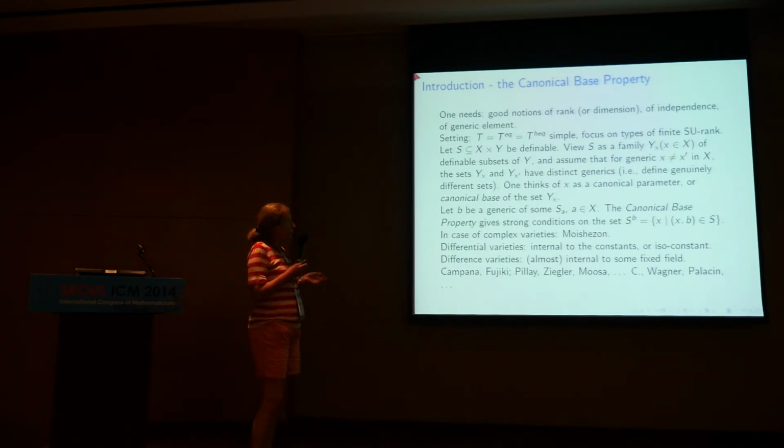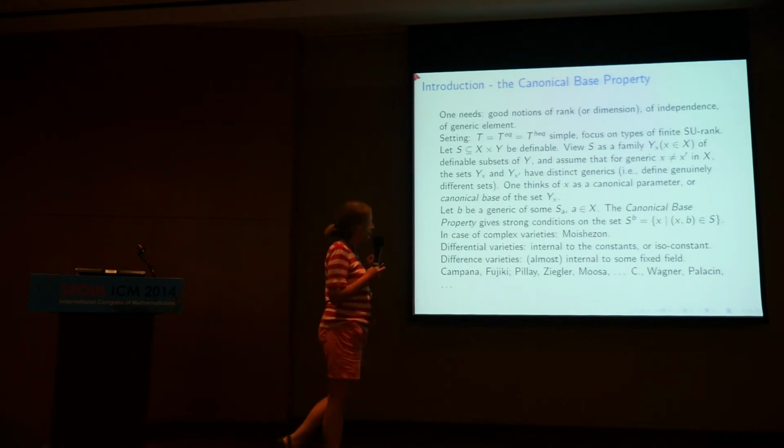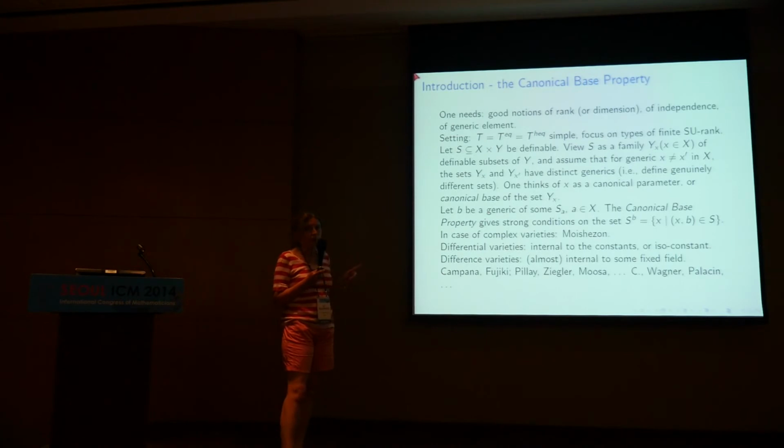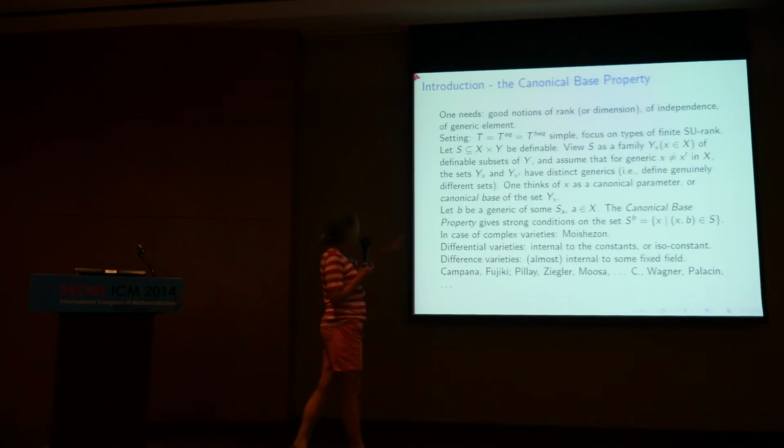So, this property was first isolated for complex analytic spaces by Campana and Fujiki. They determined that in that case, this thing had to be Moishezon, what we call Moishezon.